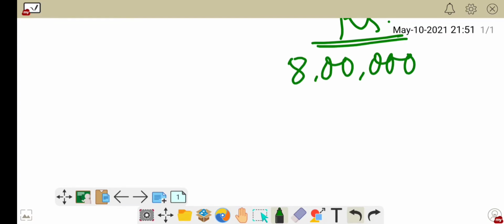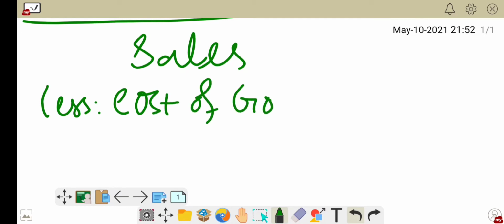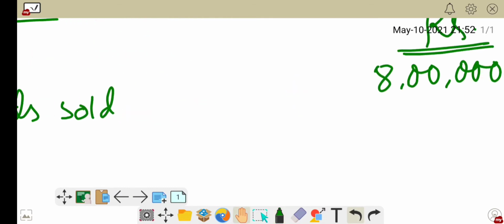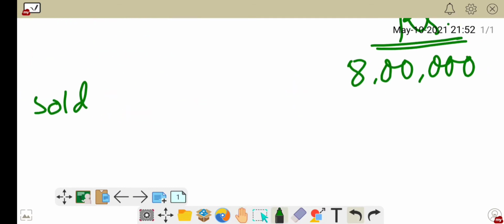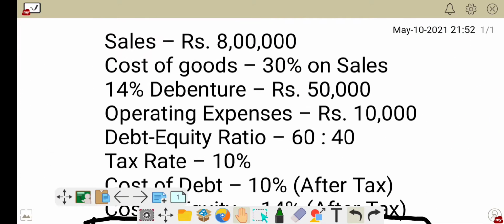From sales we will deduct cost of goods sold. Is the amount of cost of goods sold given here? It is 30% on sales.